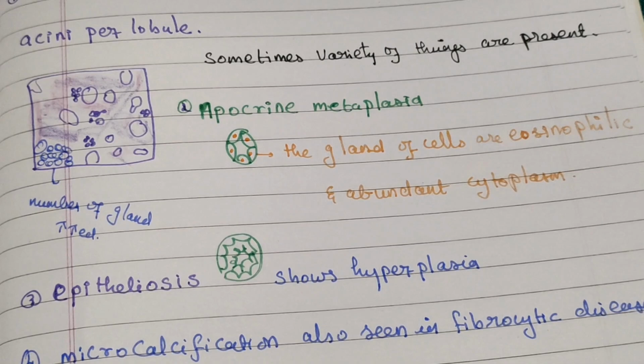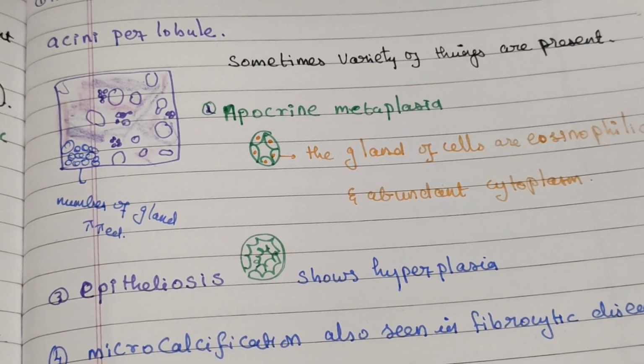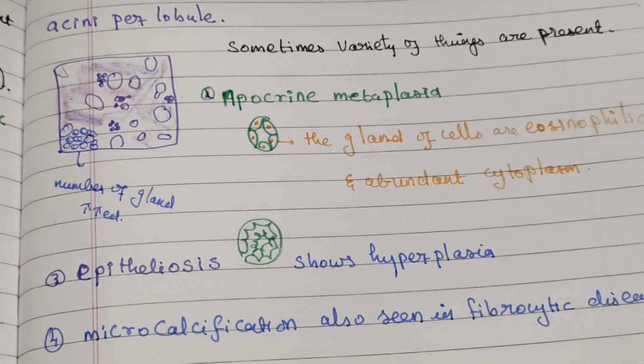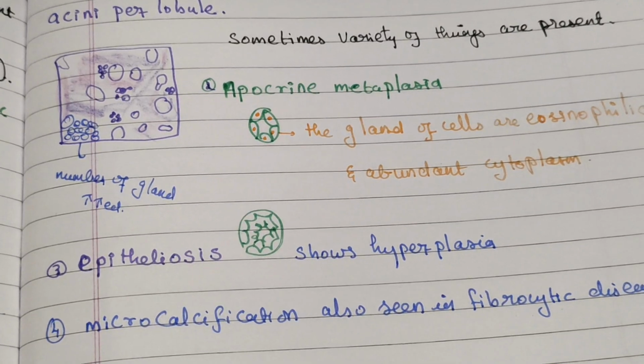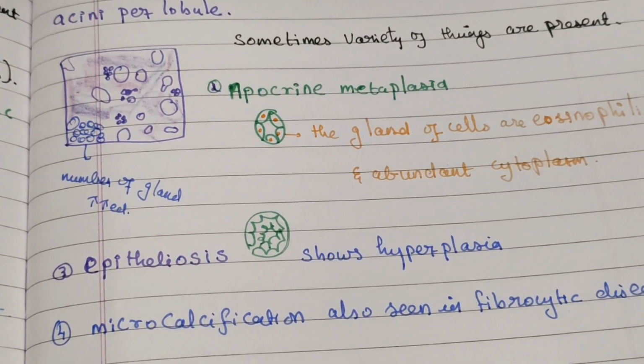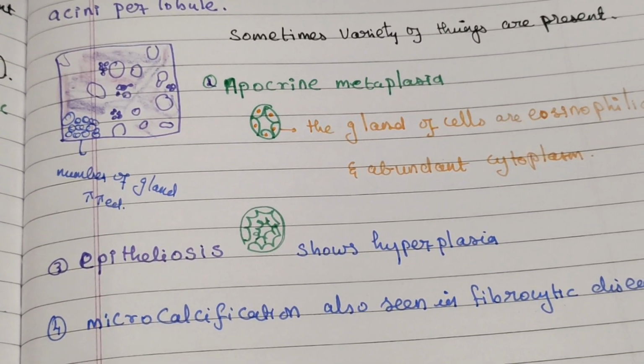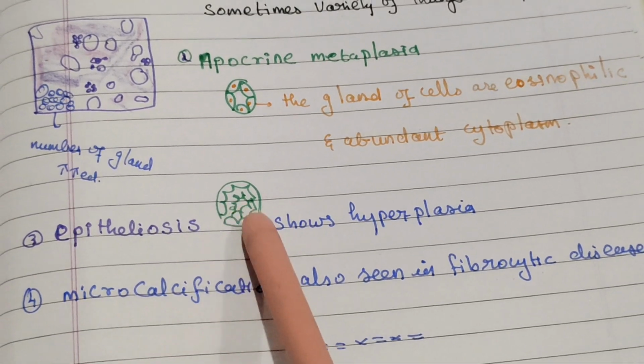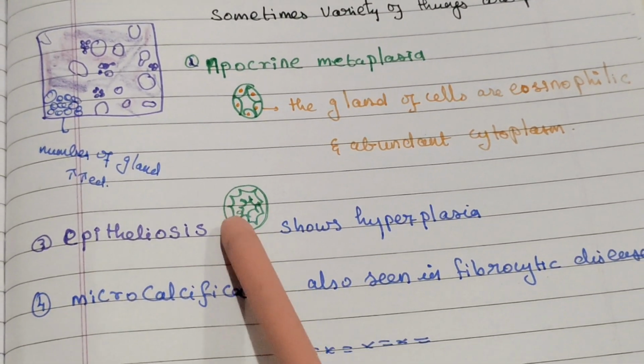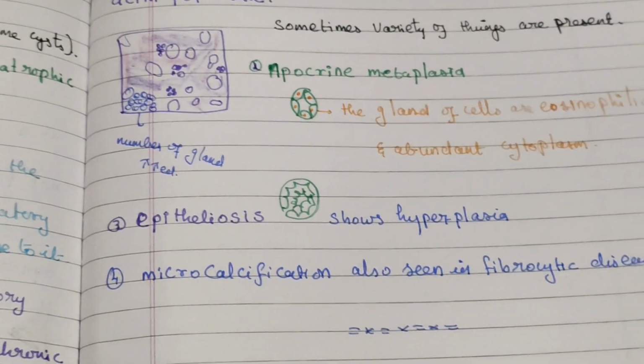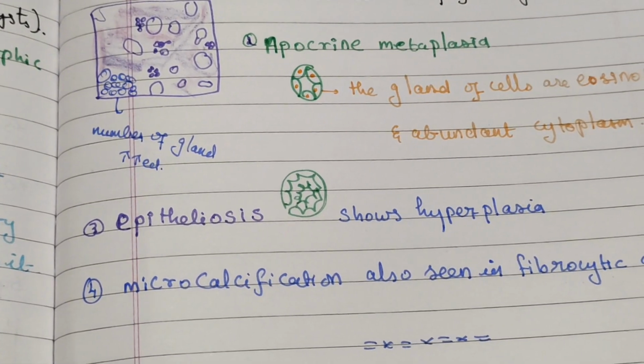This is known as apocrine change. You can also see epitheliosis, which means the cells show hyperplasia. There is a high amount of cells inside. The epithelium shows hyperplasia.